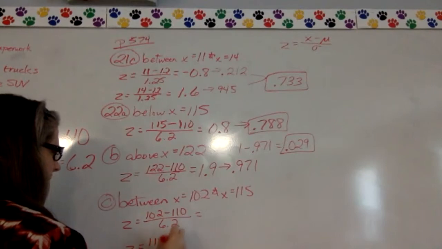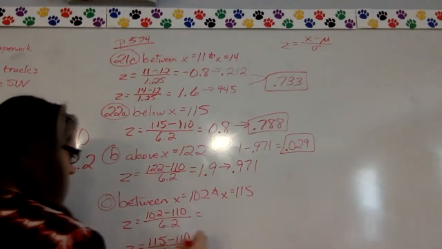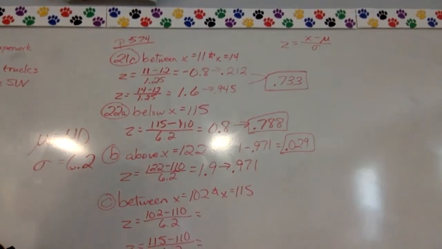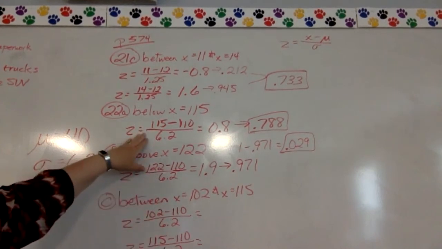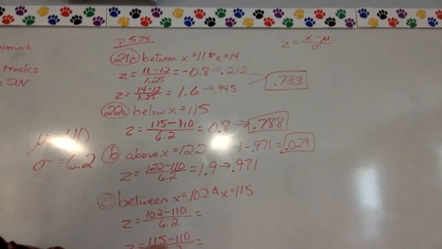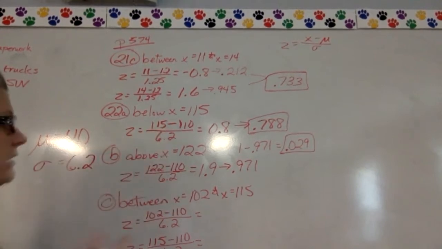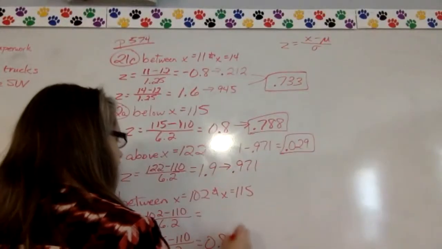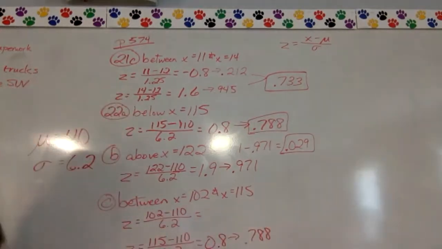So I have 115 minus 110 over 6.2. Now this one right here, you should notice, is what we did in part A. Okay, 115 minus 110. That's what we did in part A. So I'm not going to redo it again. I'm just going to copy it down. It was 0.8, which was 0.788. Okay, I just copy that one down. There's no point doing it over because you got it already.